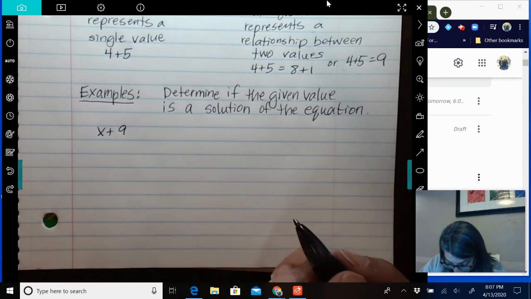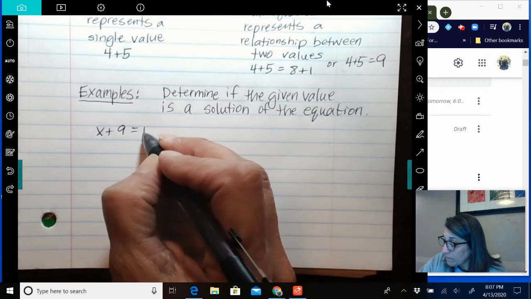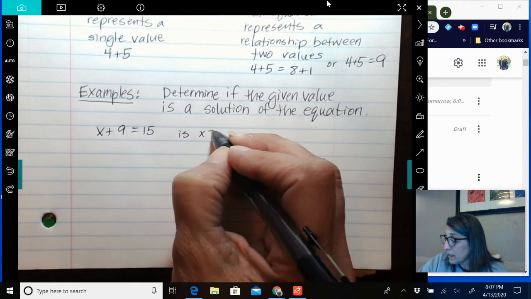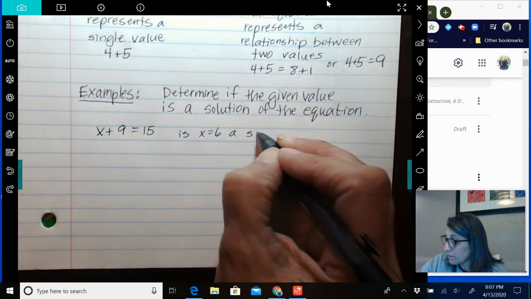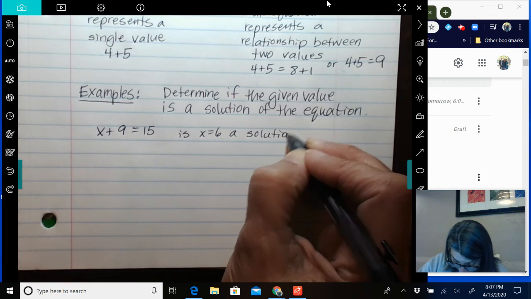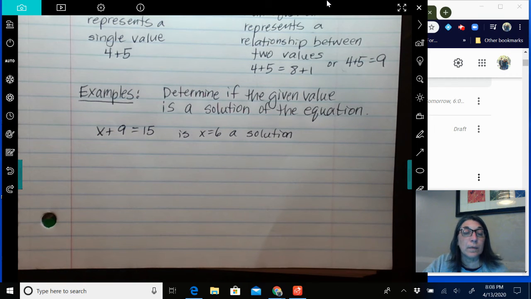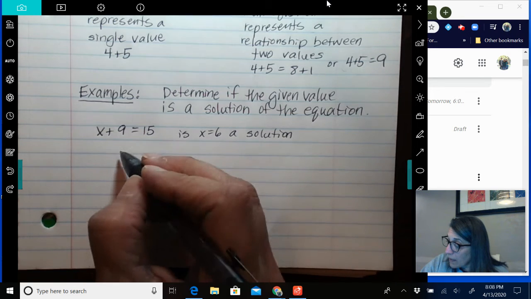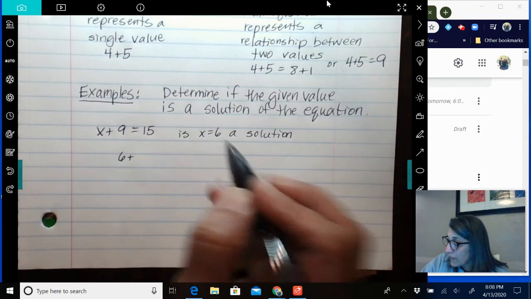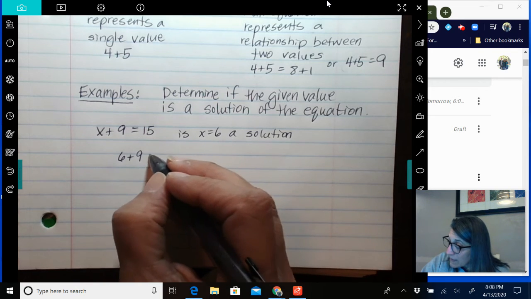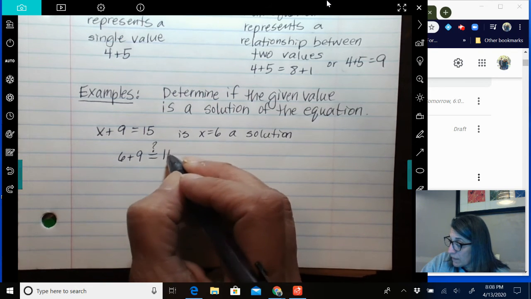If I have x plus 9 equals 15, and you're asked, is x equals 6 a solution? Okay, so you'll see it written a couple of different ways. You might see it written like this. If I substitute 6 in for the x in x plus 9, is it equal to 15?